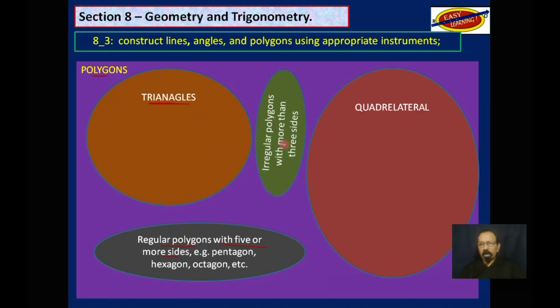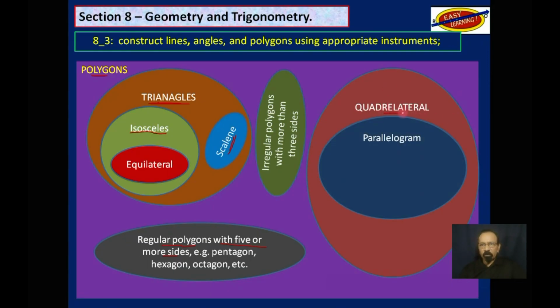And then we have irregular polygons with more than 5 sides. As it relates to triangles, there is the isosceles triangles, and within isosceles triangles, there is the equilateral triangle. Outside of those two, there is also the scalene triangle.